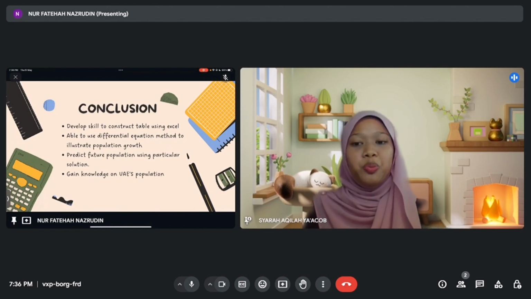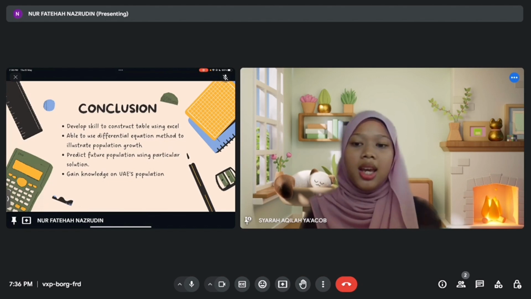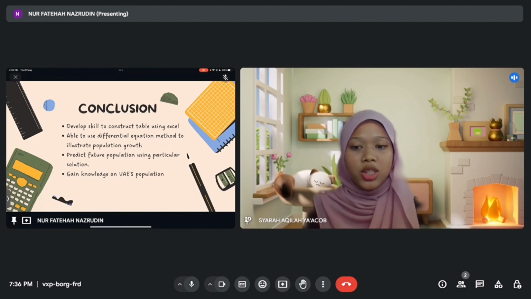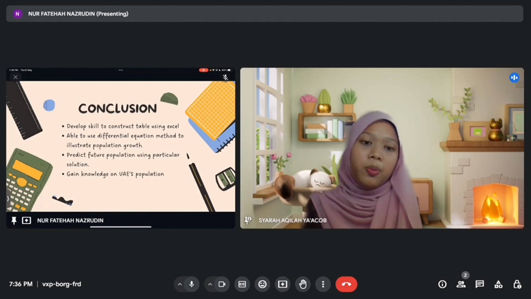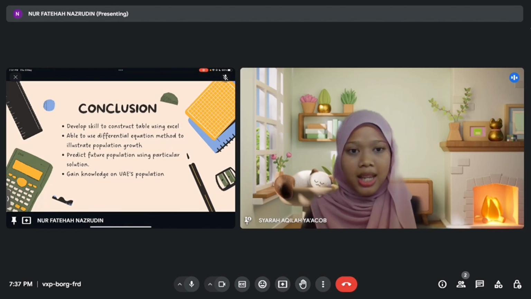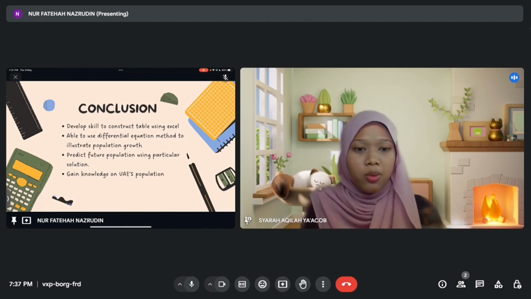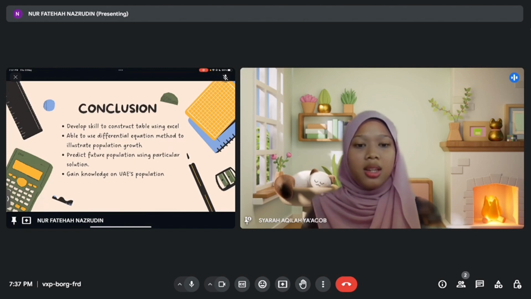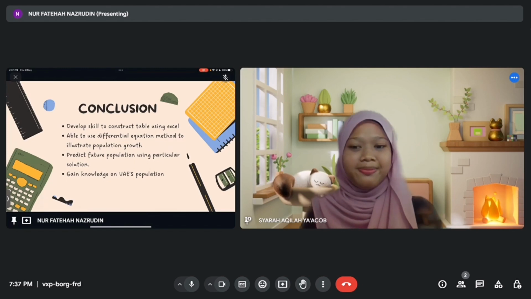Thirdly, we can predict the future population using the particular solution. And lastly, we gained knowledge about the United Arab Emirates population by doing this assignment, to expand our knowledge about their population growth.